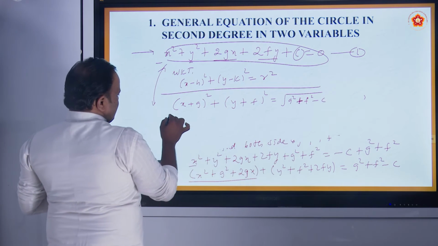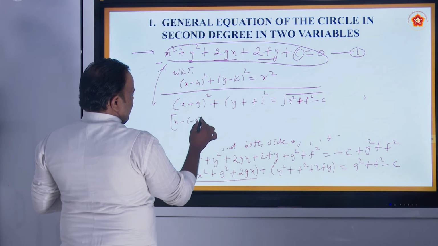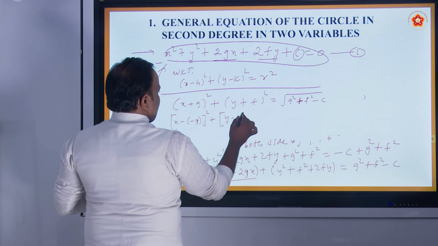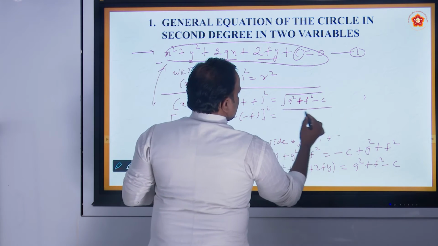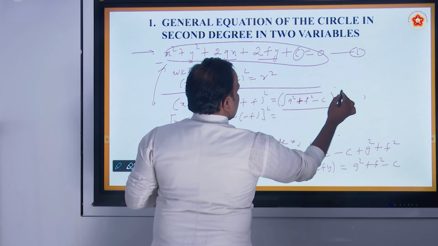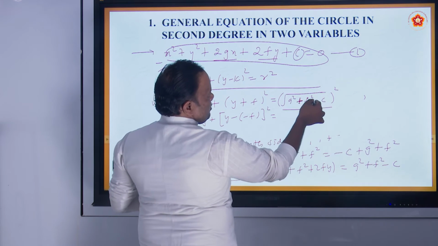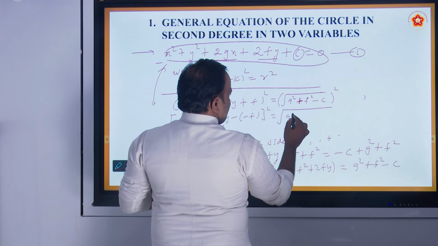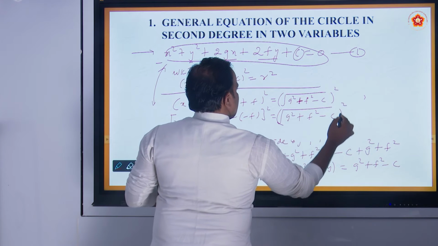Next, rearranging again, this can be written as x minus of minus g whole square plus y minus of minus f whole square is equal to a square. We only need g square plus f square minus c. The root whole square, the root gets cancelled, so this is the root of g square plus f square minus c, whole square.